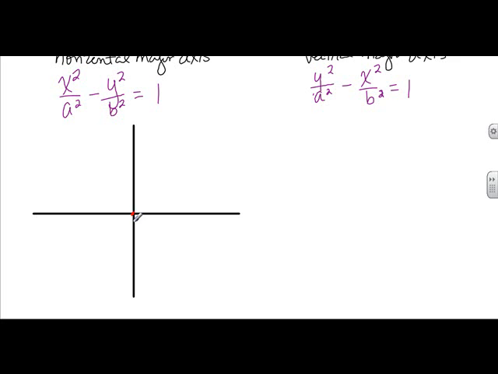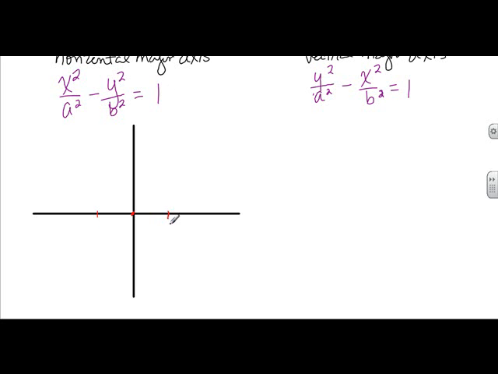And just like with an ellipse, you look at whatever number is under x, take the square root of that, and that's basically how wide you need to go. Instead of sketching an ellipse, we're going to draw kind of a box. It'll make sense in a minute. So from 0, 0, I'm going to count a units to the right and a units to the left.